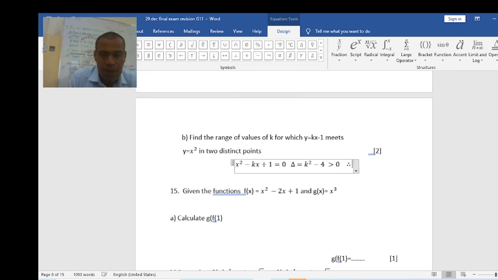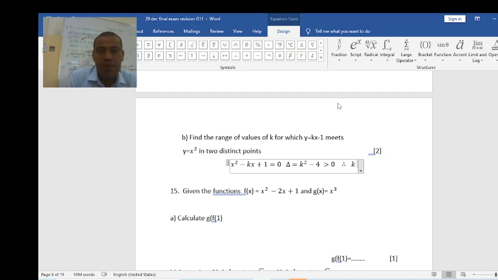Okay, therefore this is k. We are told that this quadratic inequality should be positive outside the roots and negative inside the roots.